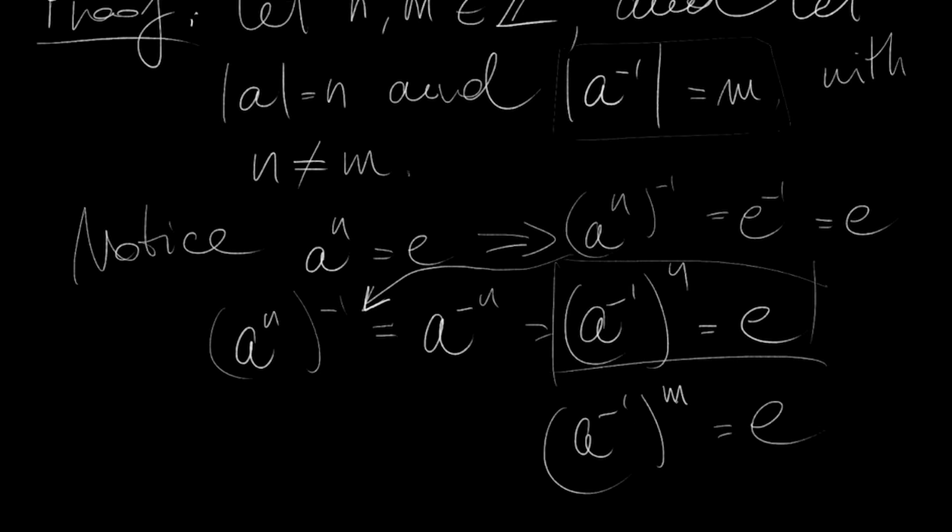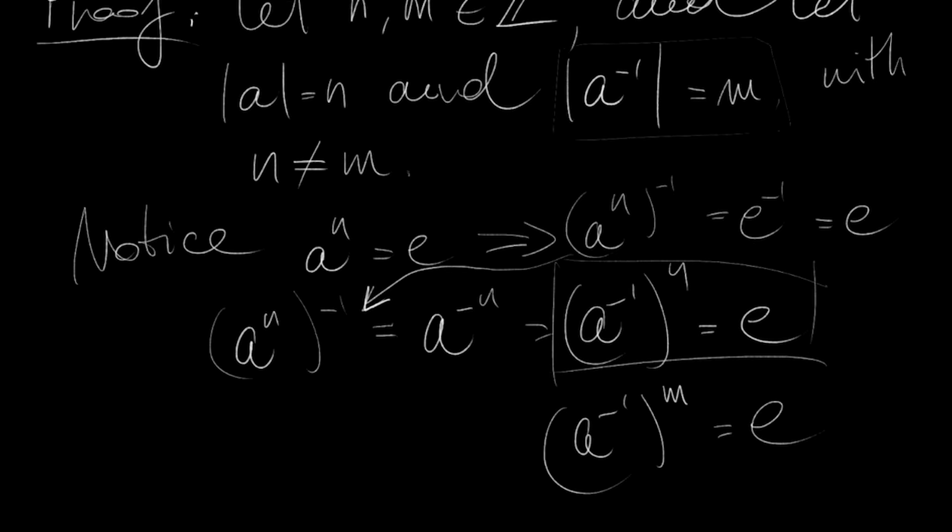We also know by definition of order that m is the smallest integer that makes this true, right? So what does this mean? It means that either n is equal to m, or n must necessarily be greater than m.